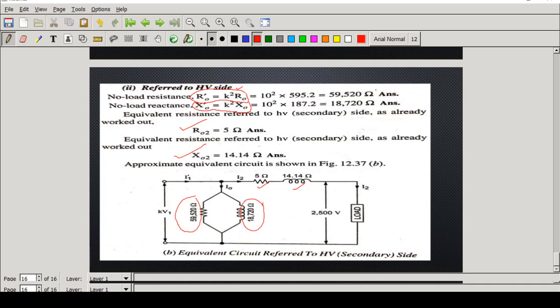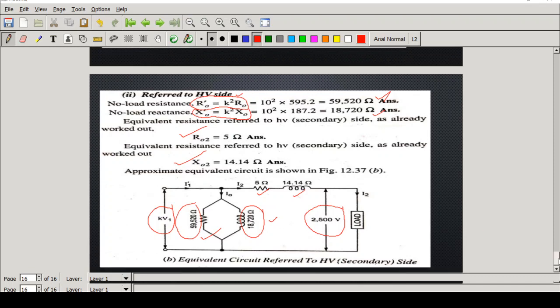Accordingly you will get these two values, and you have to draw them here. The rest is the same. The secondary voltage we represent as V2, and there is no change in it. But the primary voltage you should not write as V1, you should write it as K into V1. So this is how you can determine it.